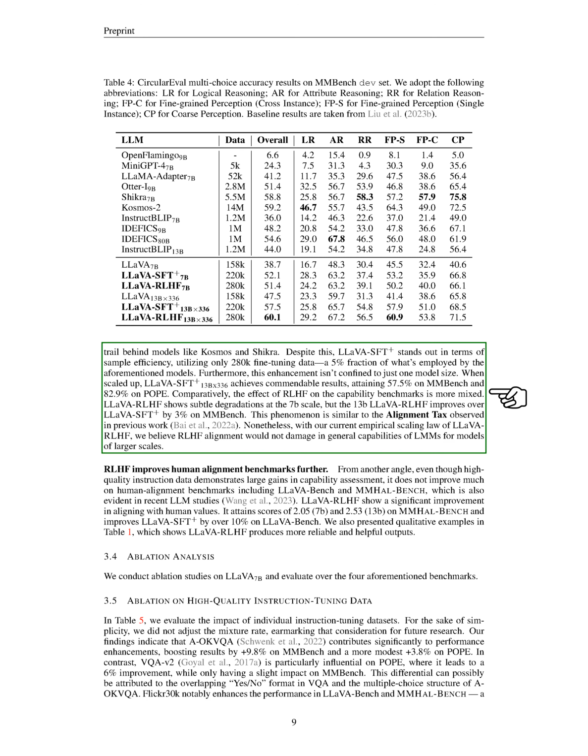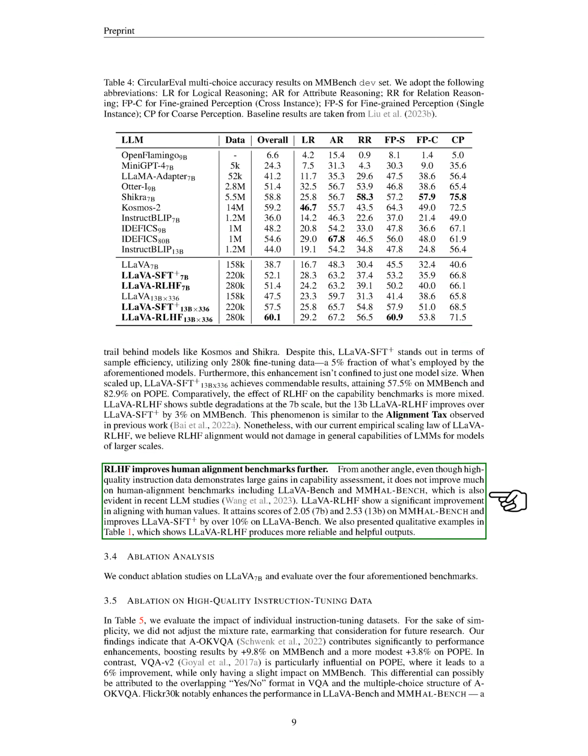RLHF further improves human alignment benchmarks. From another perspective, even though high-quality instruction data shows large gains in capability assessment, it doesn't improve much on human alignment benchmarks including LLAVA bench and MMHAL bench, which is also evident in recent LLM studies. LLAVA RLHF shows a significant improvement in aligning with human values.